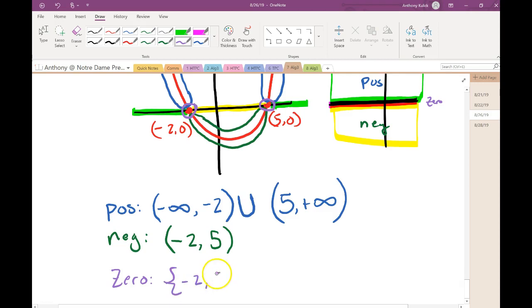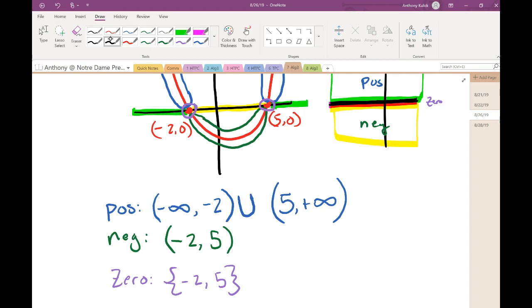We use the curly brackets and we just list them. That was sneaky, right? So all of a sudden we stopped having to use interval notation because we only had 2 points that were 0. We didn't have an infinite number of them like we had for the positives and negatives. So I changed the notation I was using to write my sets.